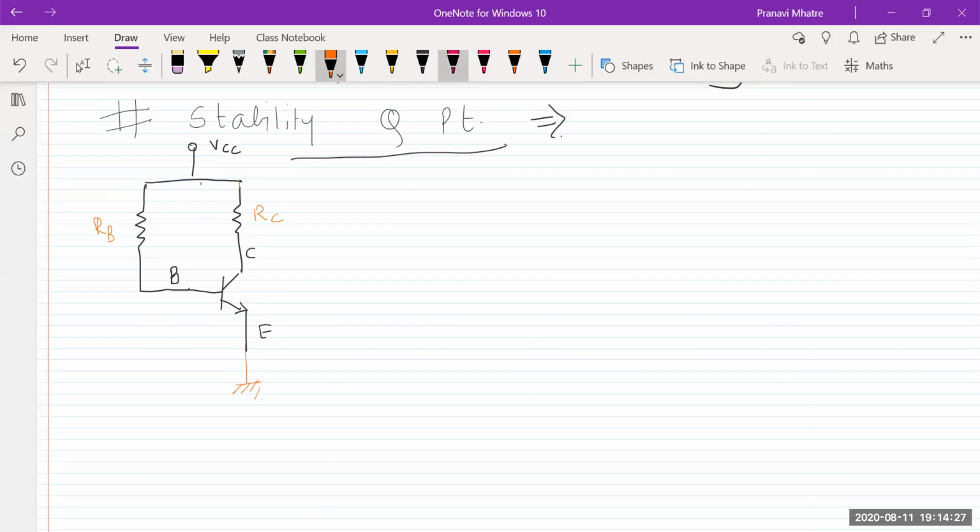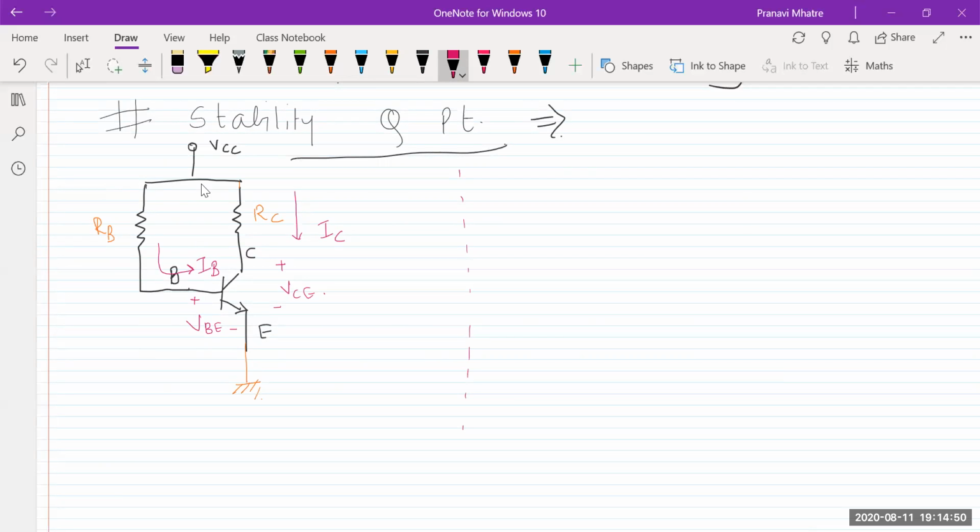The current through RB I am calling IB, and the current through the collector terminal is IC. The internal voltages are VBE and VCE. So this is my fixed bias circuit.